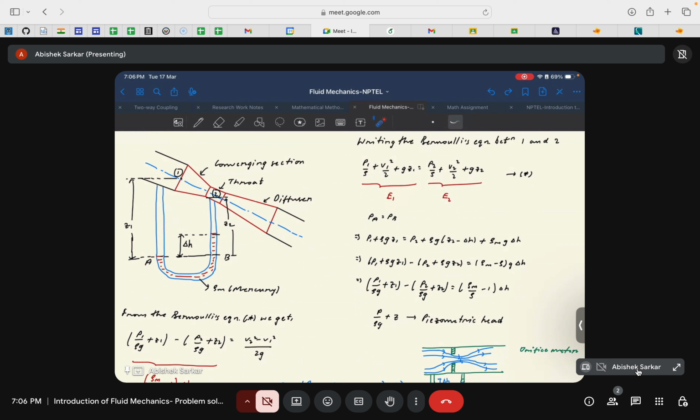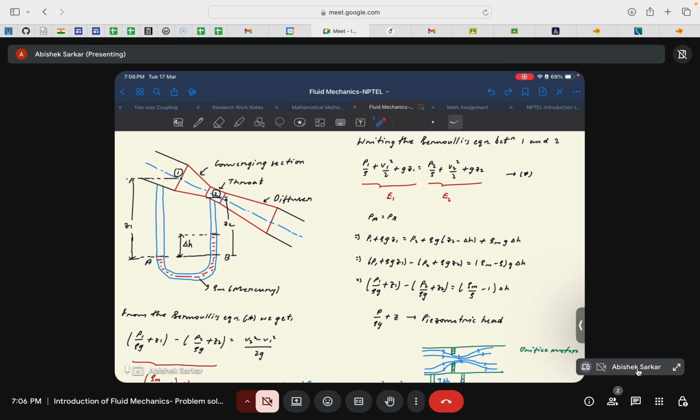The converging section usually has a lesser length compared to the diverging section or diffuser, which has a larger length.